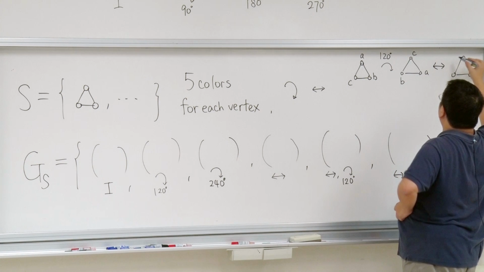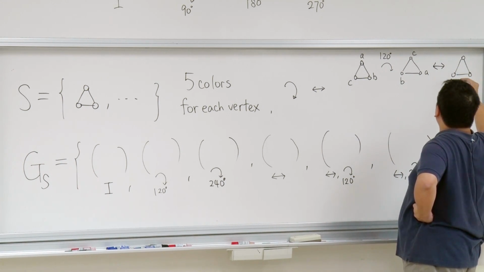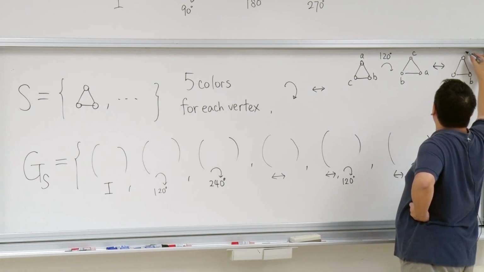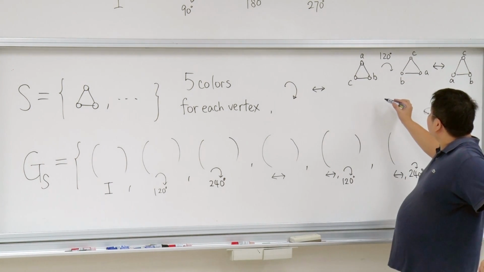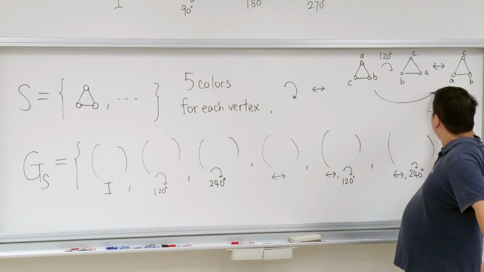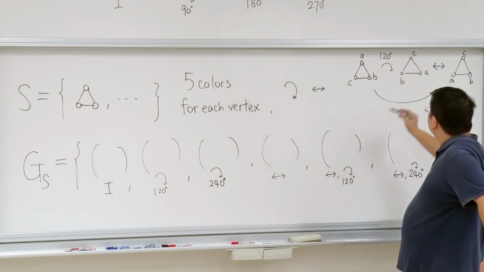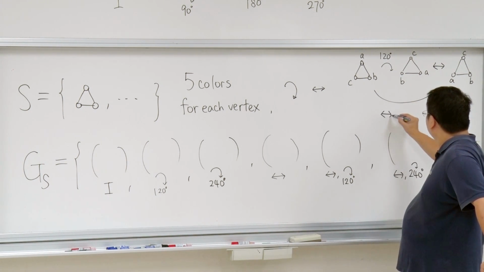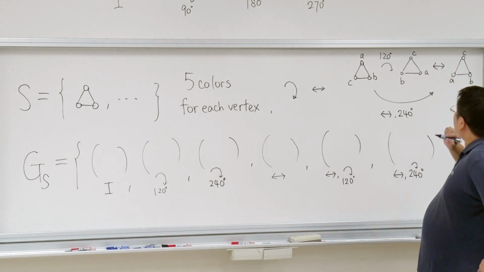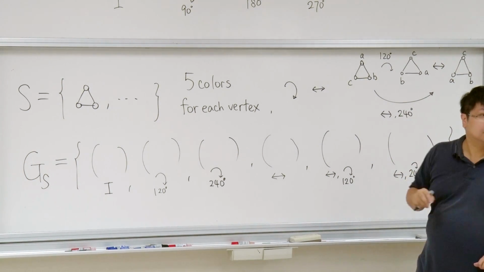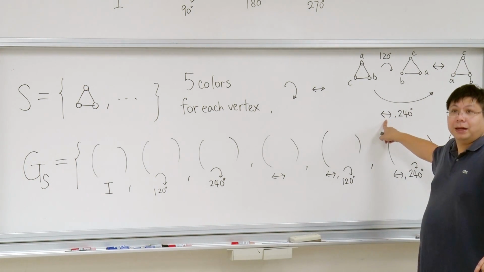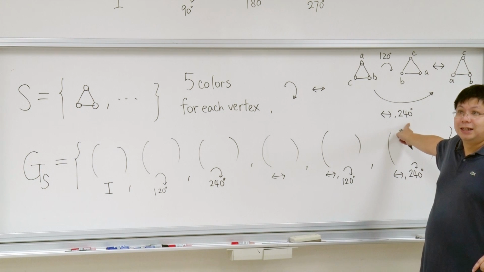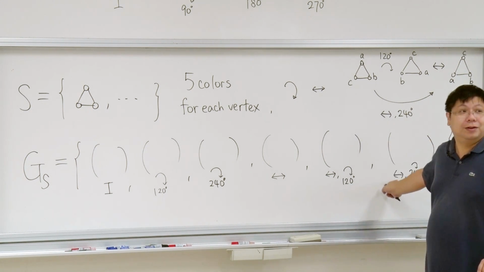You do A here, B here, C here. But this is going to be the same as flipping first and then rotate 240, I guess. So it is like flipping and then you do 240. Okay, good. It's there.